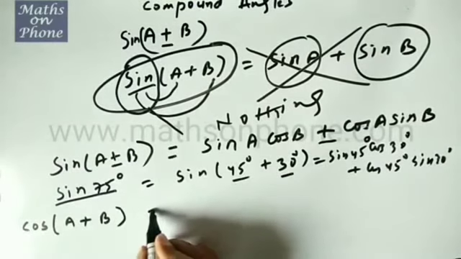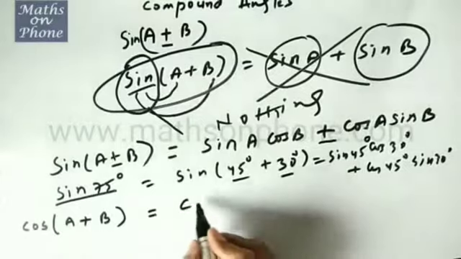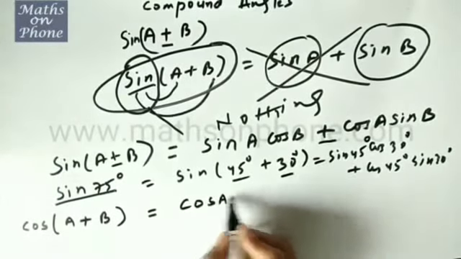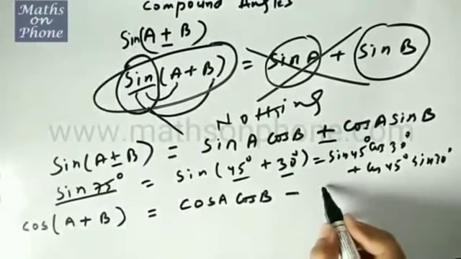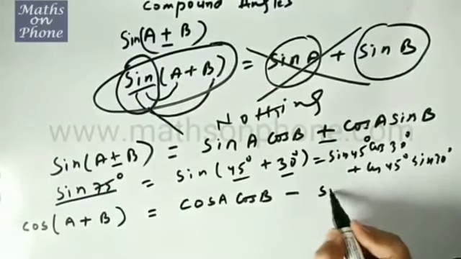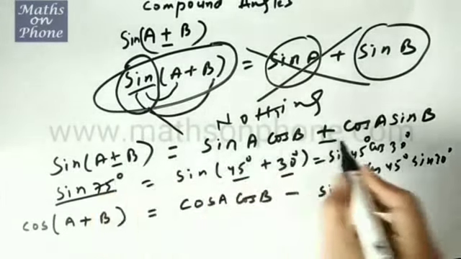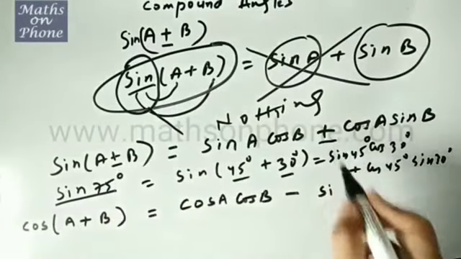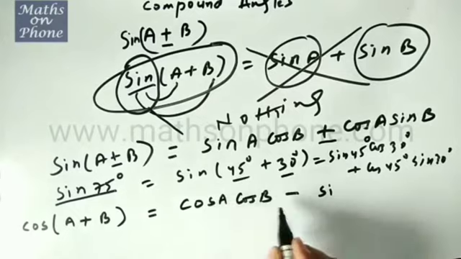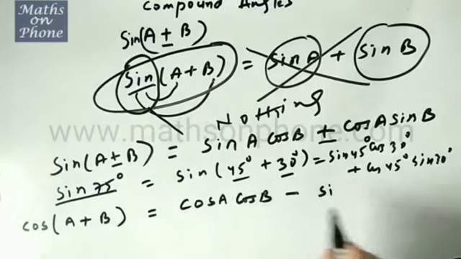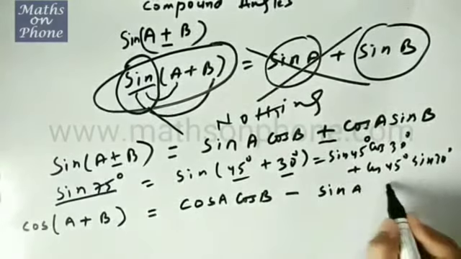But here in the case of cos, it is cos A cos B, both the cosines together, and the sign is somewhat different from sine. In the sine formula, if it is plus, it is plus; if it is minus, it is minus. But in the cos formula, cos A cos B, if plus is there, then minus sin A sin B.